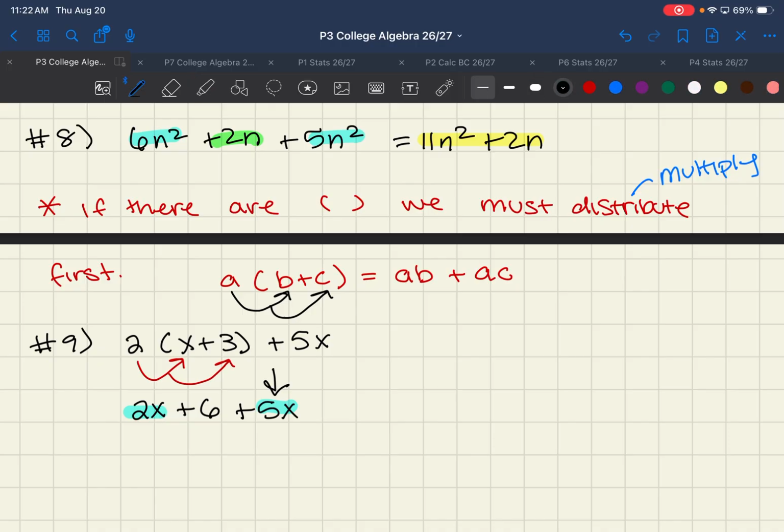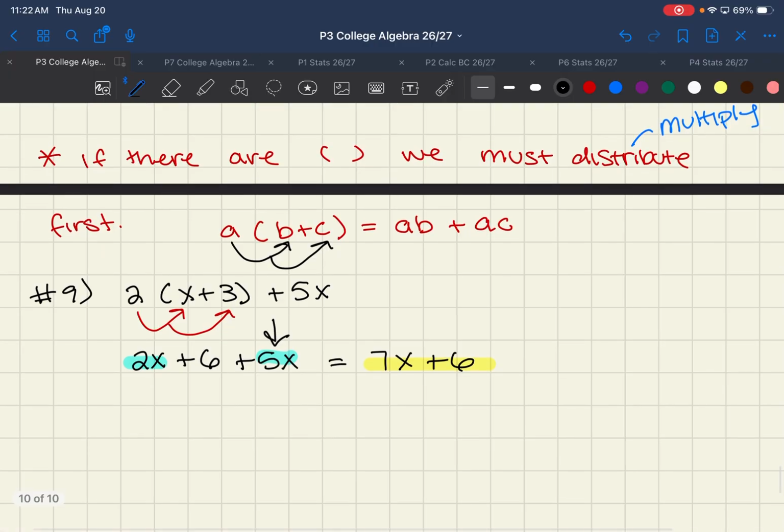And so that's 4 times a, which is 4a, plus 4 times 2, which is 8. And what are we doing with that plus 3a? We're going to bring it down and add it to what? The 4a. So 4a and 3a gives us 7a. And what are we doing with the plus 8? Add it to the end.